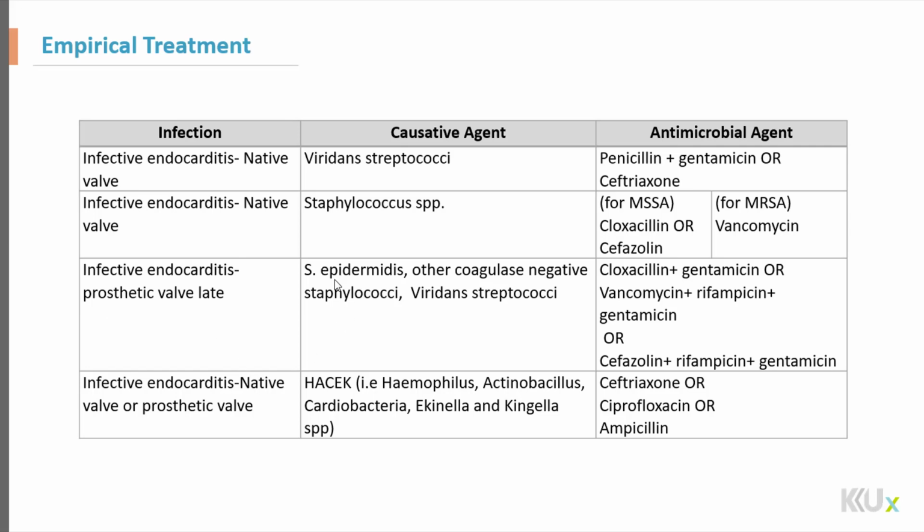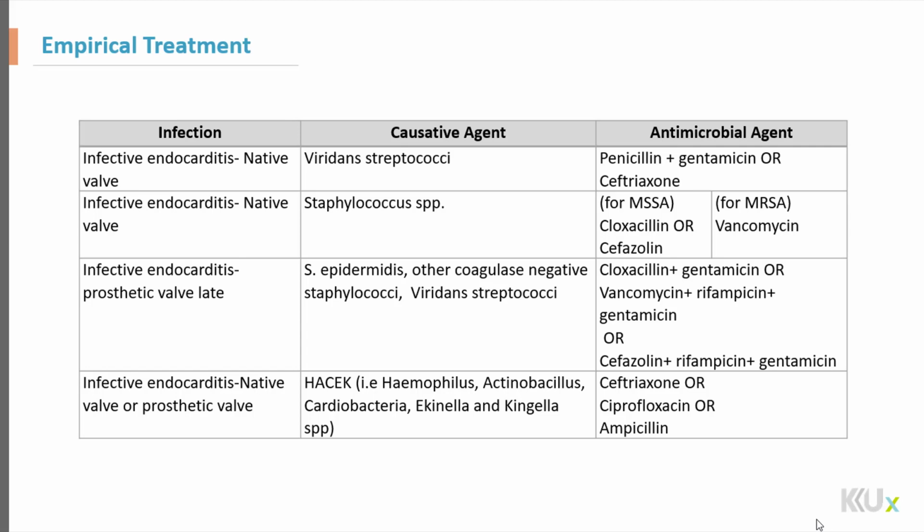When we have Staph epidermidis or other coagulase negative staphylococci or viridans streptococcus, we will deal with all of them the same. We either use cloxacillin plus gentamicin, or vancomycin plus rifampicin plus gentamicin, or cefazolin plus rifampicin plus gentamicin.